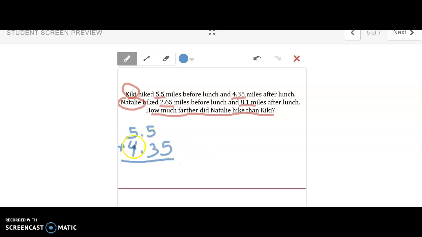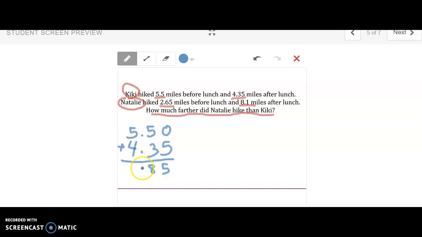Since I'm adding, I always want to start with my smallest place value spot. There's nothing here, so I could put a 0 there, though I don't have to. All right, so 0 plus 5 is 5. 5 plus 3 is 8.